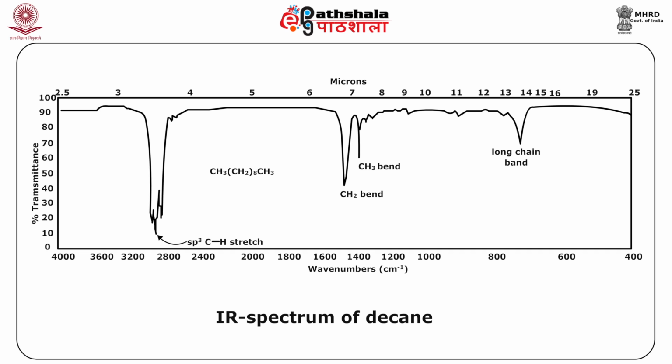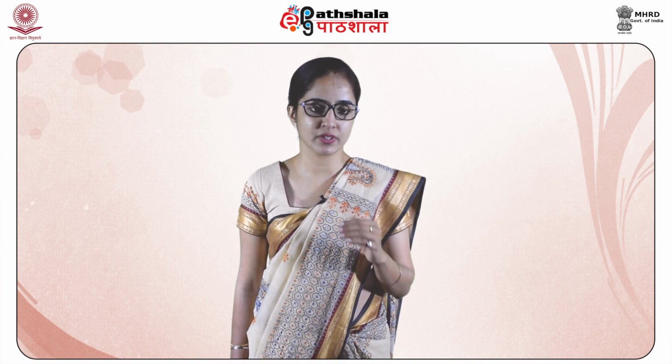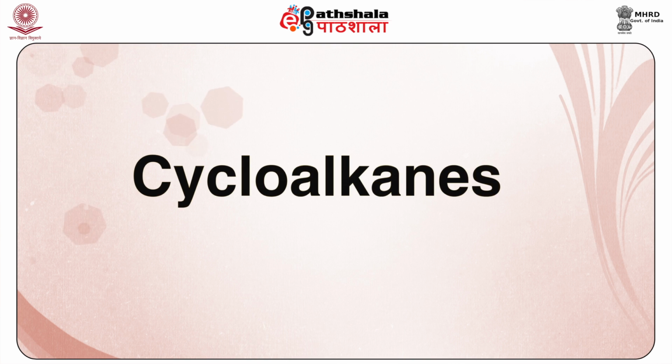Now the methine CH shows CH stretching and bending vibrations at 2890 centimeter inverse and 1340 centimeter inverse respectively, and are very weak with no practical significance. Again, you can see all these values in the figure, and here is the IR spectrum of decane. Now coming on to cycloalkanes.